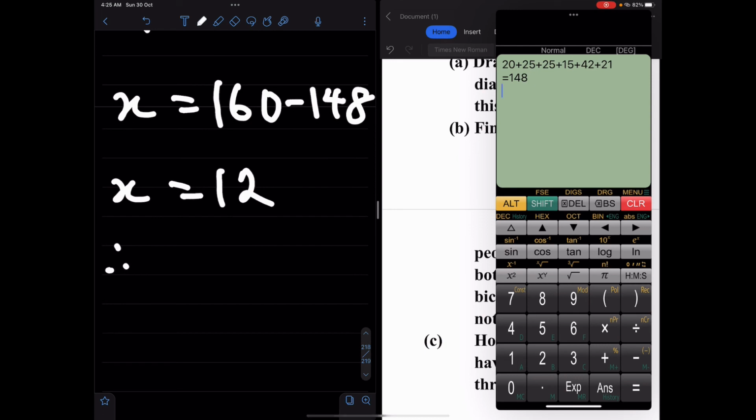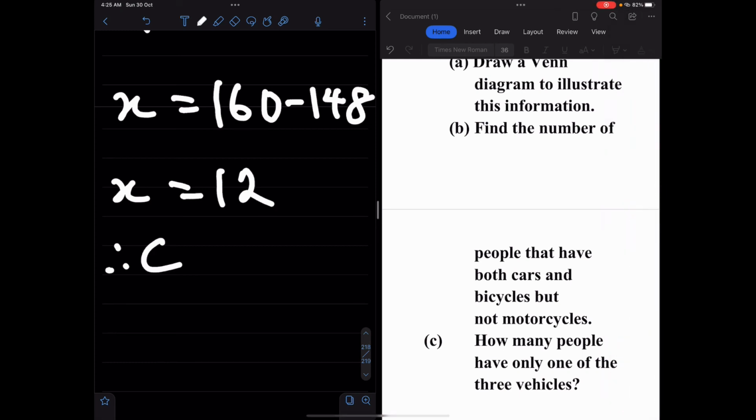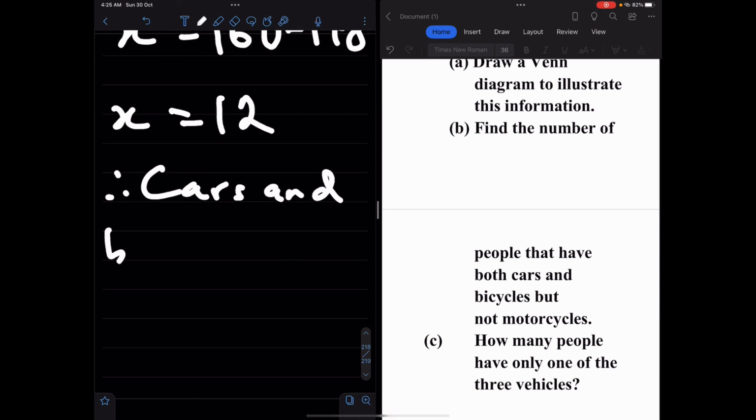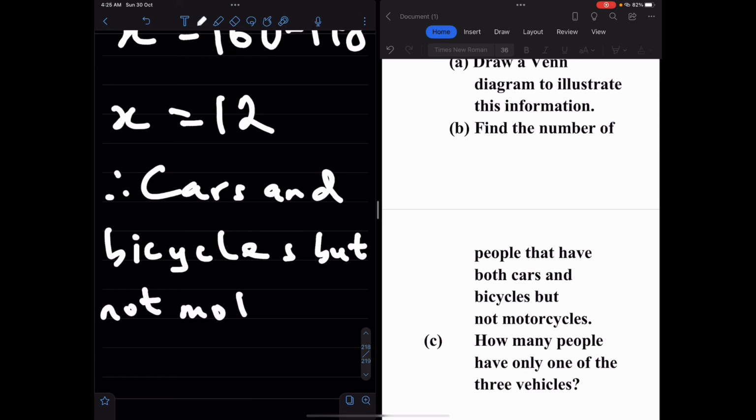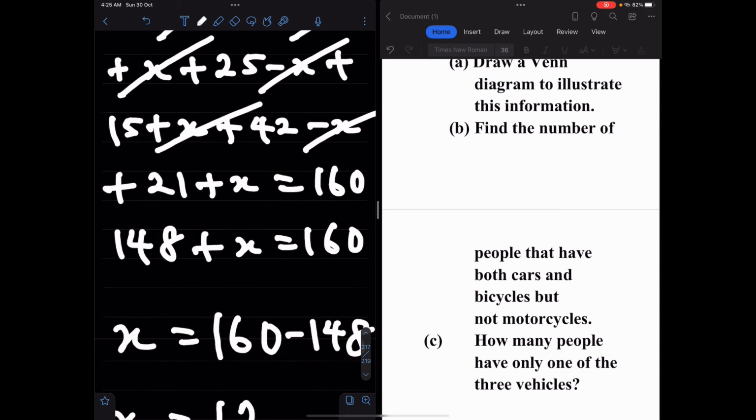Therefore, the number of people who have cars and bicycles but not motorcycles is equal to 25 minus x, which is this part.